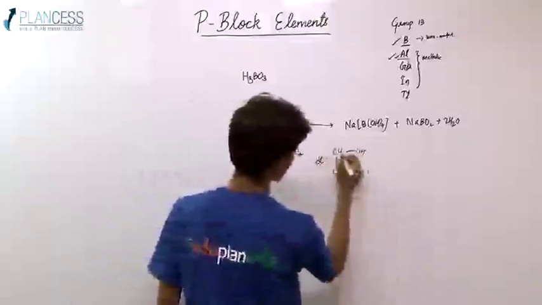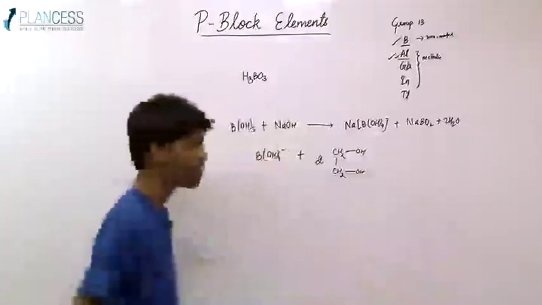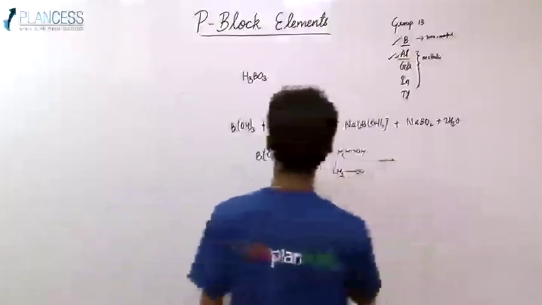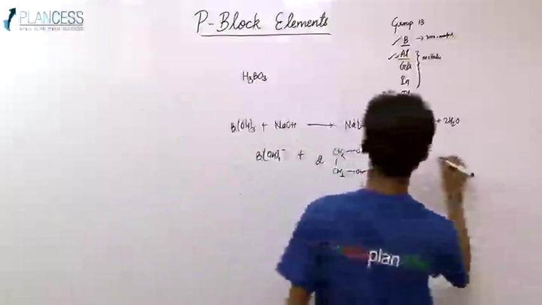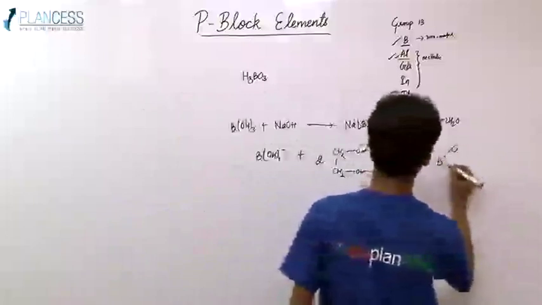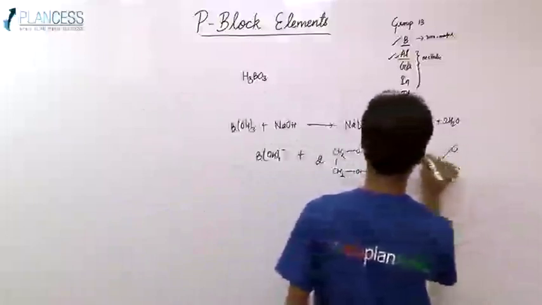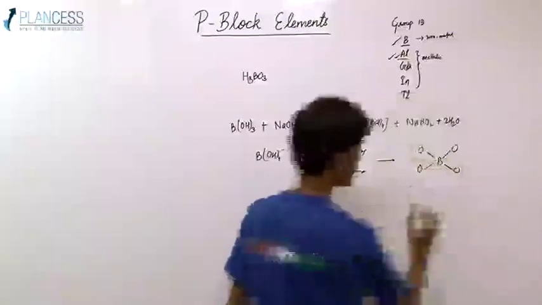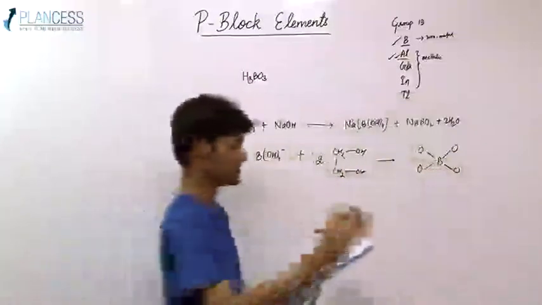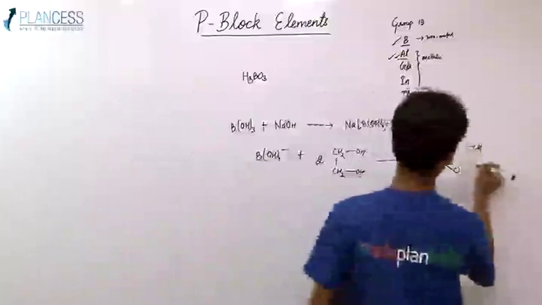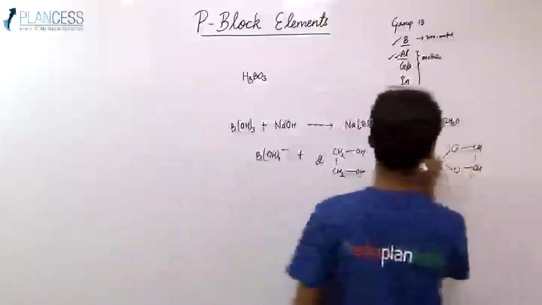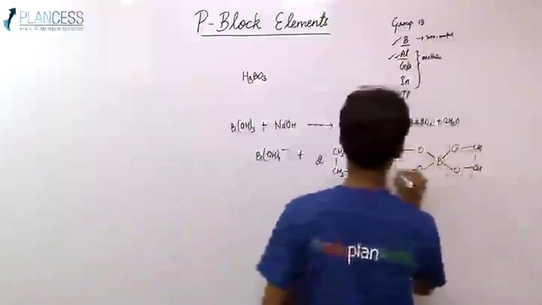so it will be CH2. So this is cis-diol. It reacts with this and forms boron here and oxygen, something like this, and here CH, here CH.